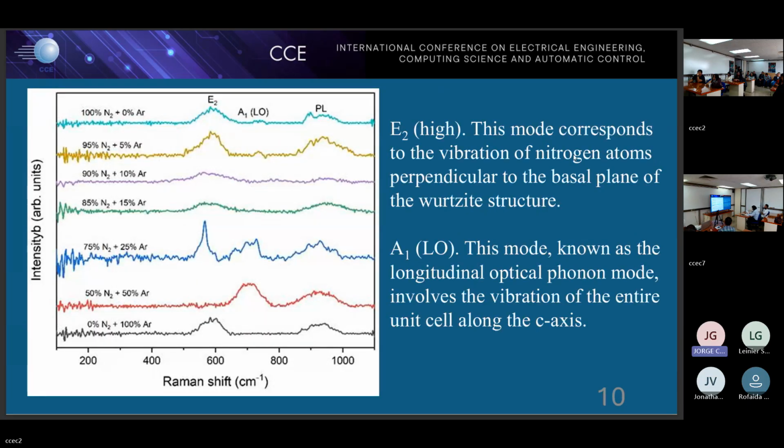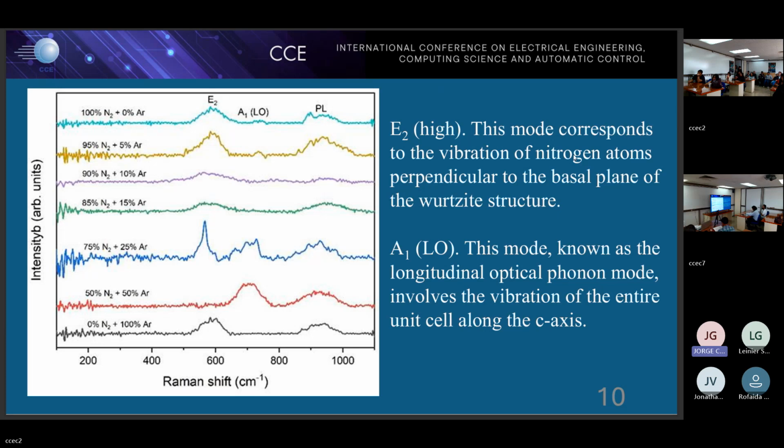This is the Raman spectra. In this case, we really don't get good spectra. Maybe only the 75% has a good signal corresponding to the E2 high mode. In this material, there are 6 modes that we could obtain in Raman.